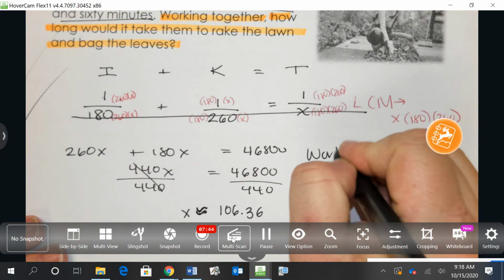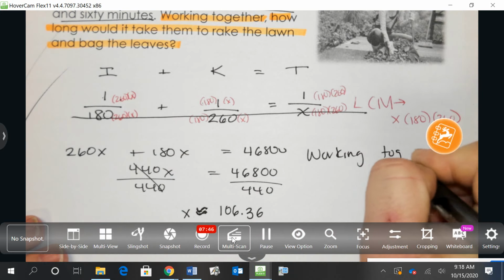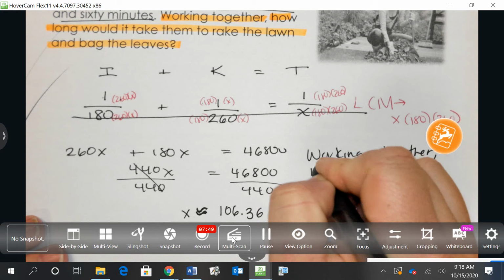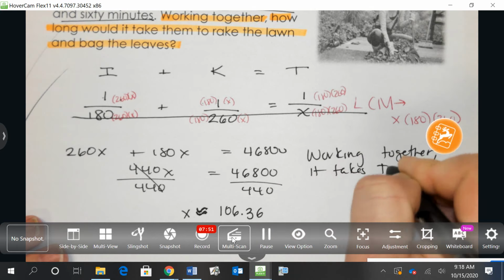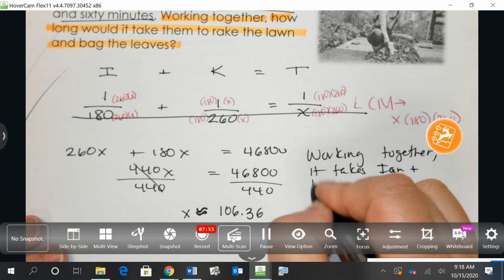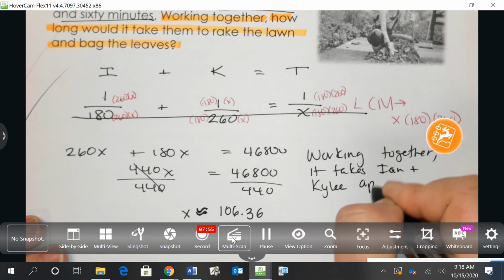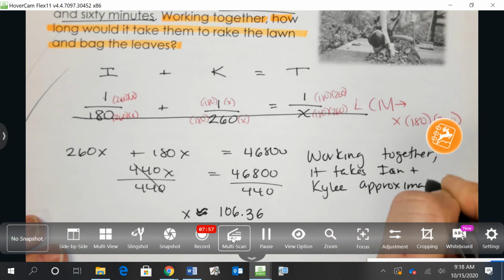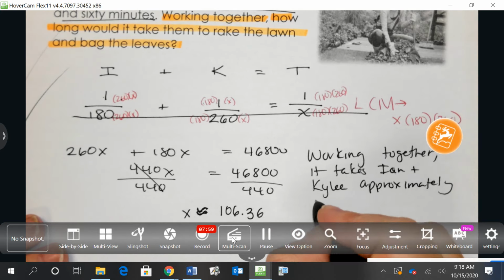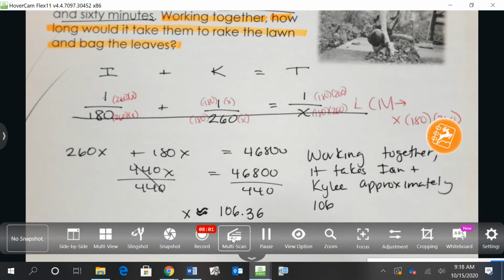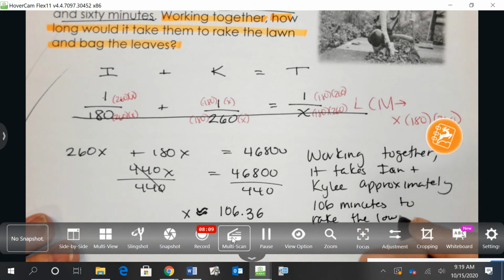So I could write working together, it takes Ian and Kylie, the key is here, approximately. So it's already saying that I'm rounding, approximately 106, and I have to attach the units. Approximately 106 minutes to, and what are they doing? To rake the lawn and bag the leaves.